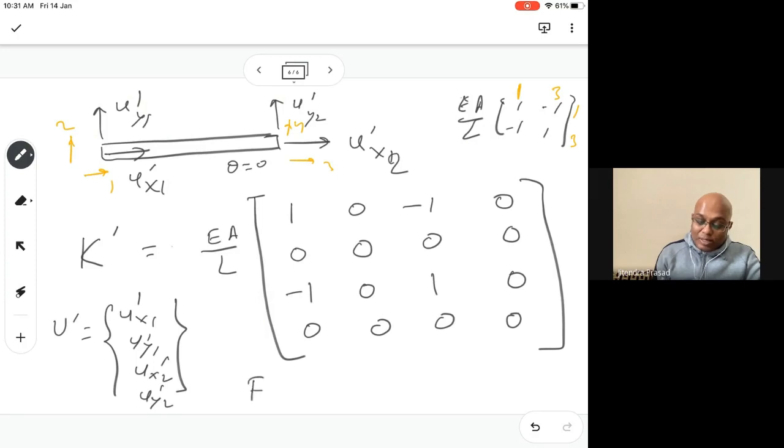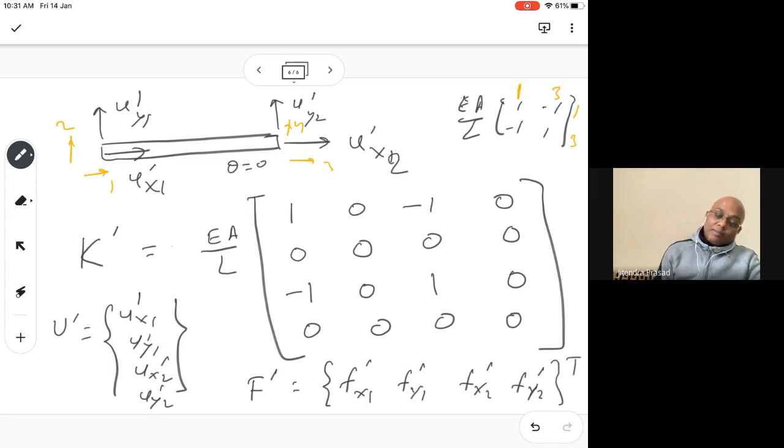Similarly, the force f dash will be fx1 dash, fy1 dash, fx2 dash, fy2 dash, transpose of that. Okay. Once we have that, now let's rotate it mathematically and see what happens.